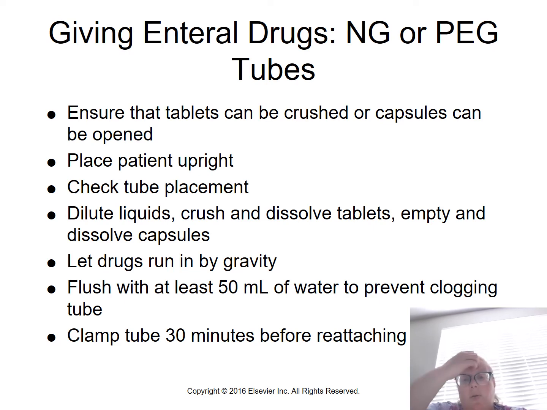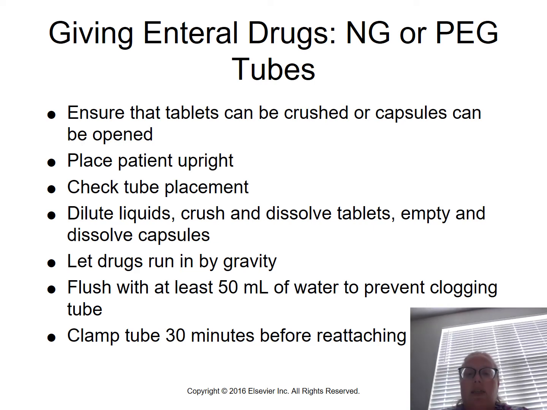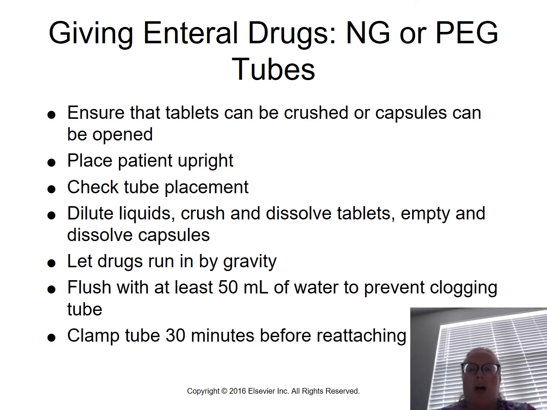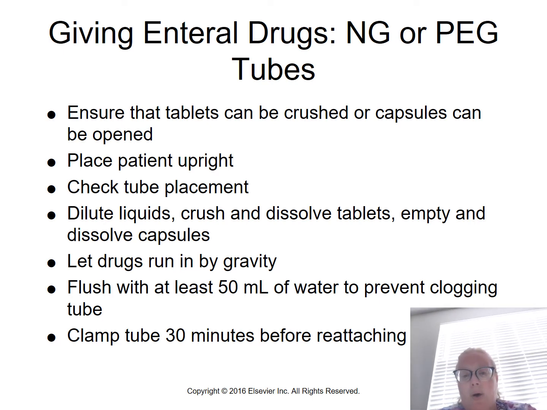You want to dilute any liquids, crush and dissolve tablets, and empty and dissolve capsules. Now, typically, it's more safe to crush each medication and dissolve each medication one by one and give the patient that medication. Do you know why? Does anyone know why we don't just dilute and crush and dissolve everything together and give it all at once? Now, we used to do this. That was common practice.